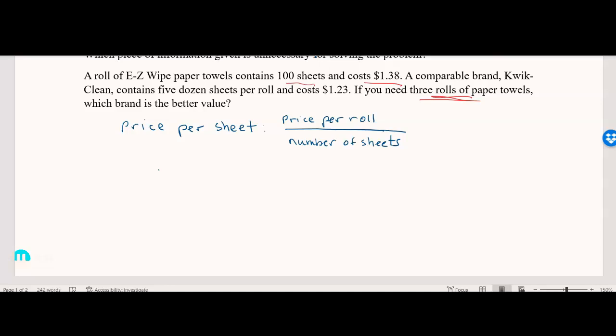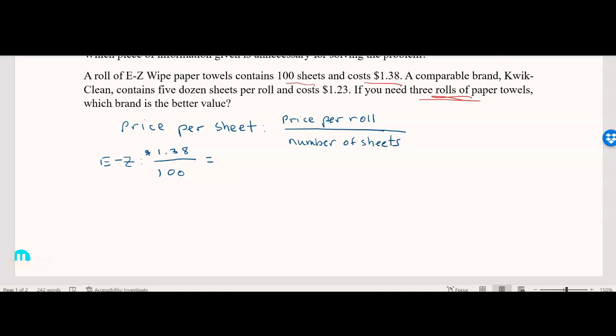All right, well, let's see. We've got 2 brands. We'll start with the Easy brand. We know that the price per roll is $1.38. And the number of sheets that comes in one roll is 100. That's what we're going to take, $1.38 divided by 100.